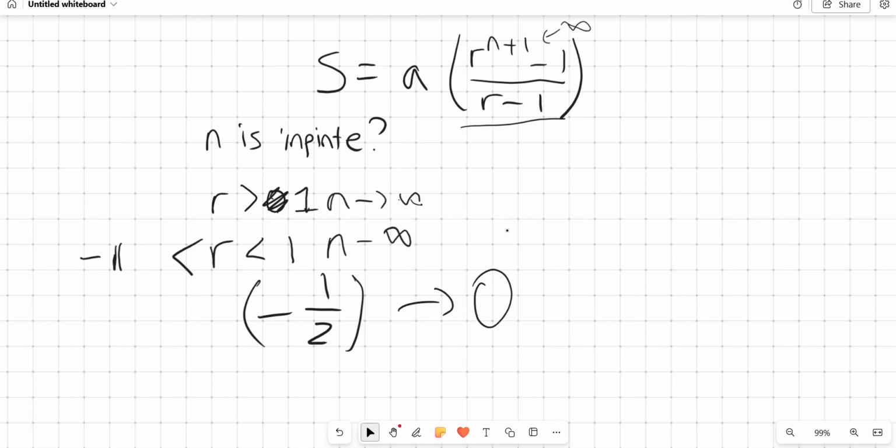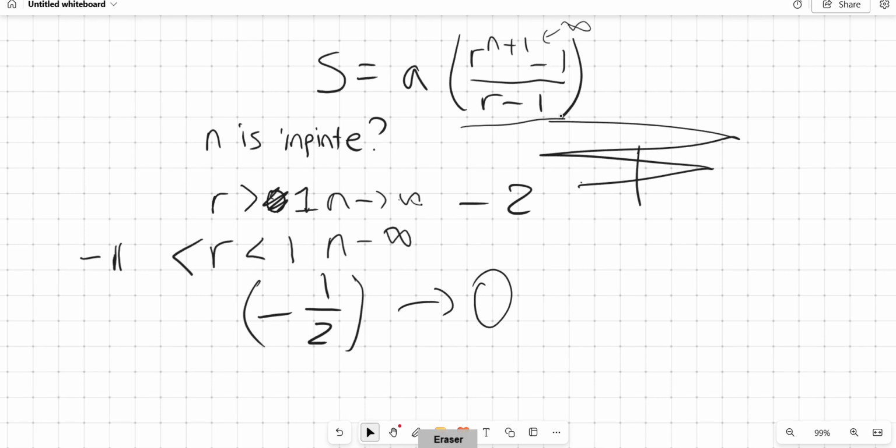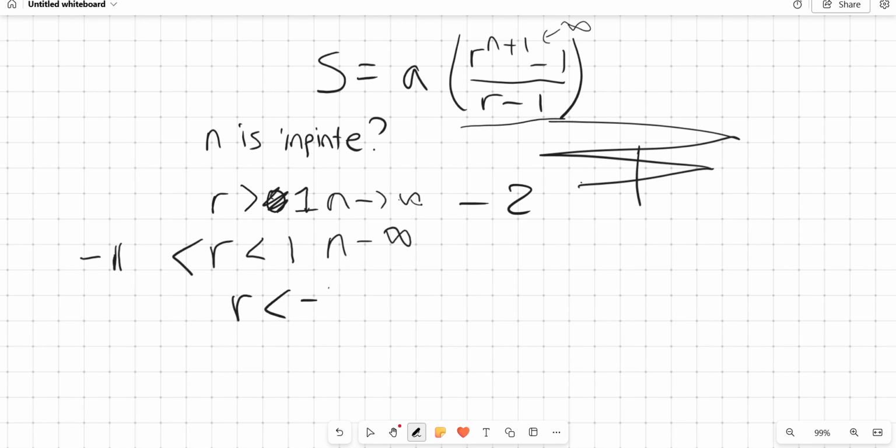Let's say you take -1/2, then it goes to a quarter, then -1/8. It'll get closer and closer without ever hitting 0. That's what actually happens, so we can say that this goes to 0. Of course, for a number like -2, that won't happen. It will just fluctuate. And so we say that if r is less than -1, then it's undefined.